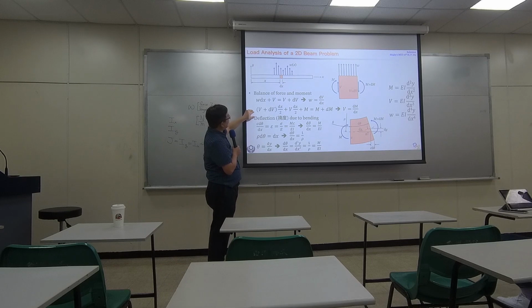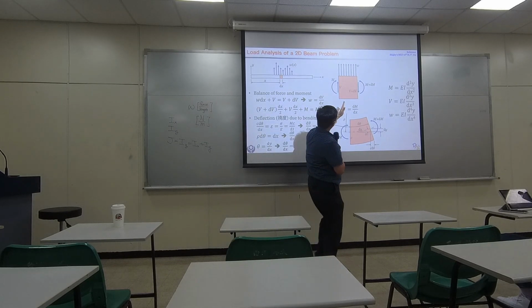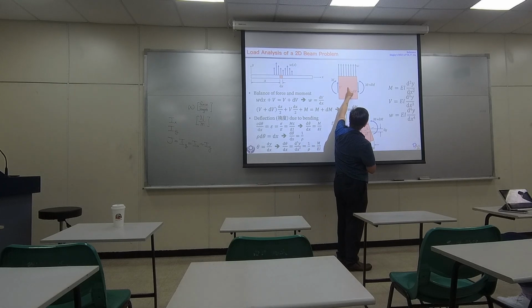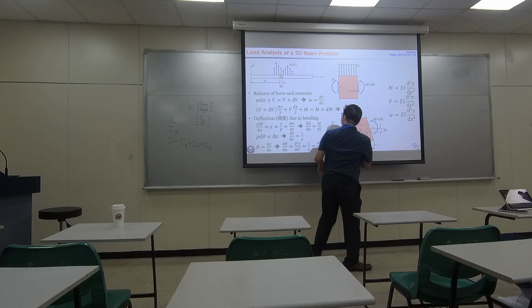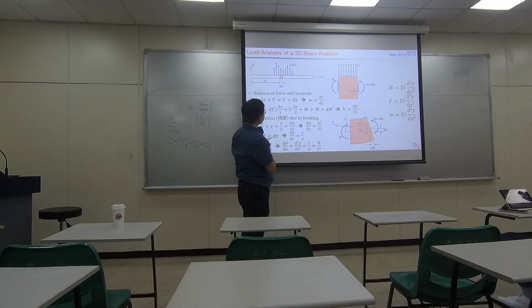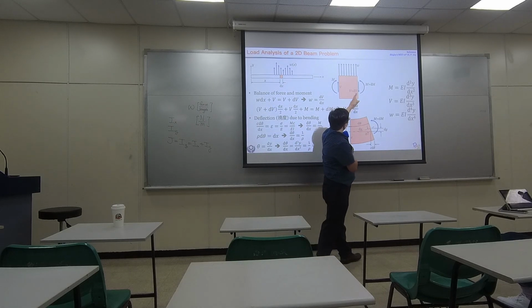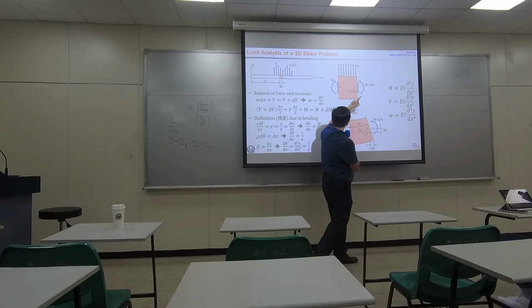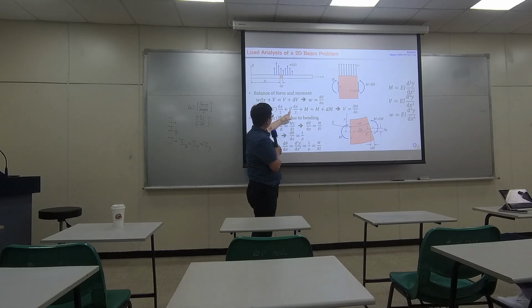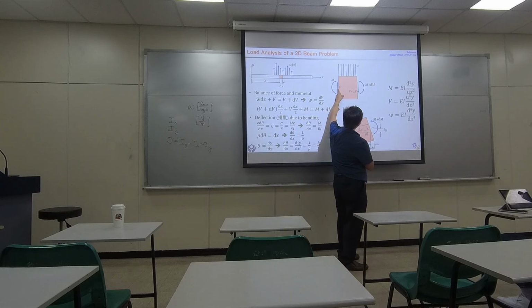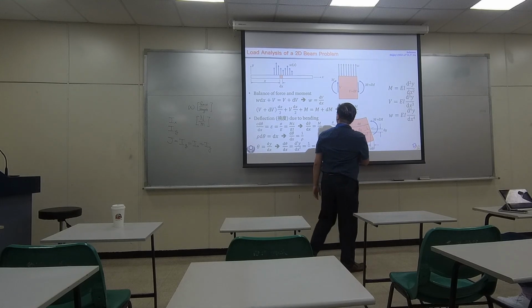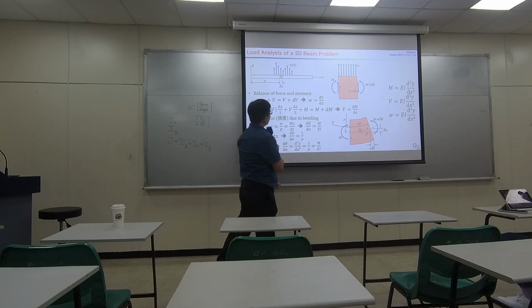Let's talk about the balance of moment. If we make a cut into half, supposedly the center is right here. V plus dV times half of the width, that's the moment generated by this guy going clockwise. V times also dx over 2, that's this guy, also making a moment going clockwise.